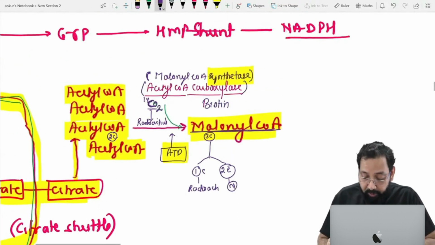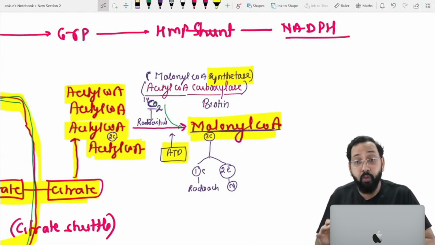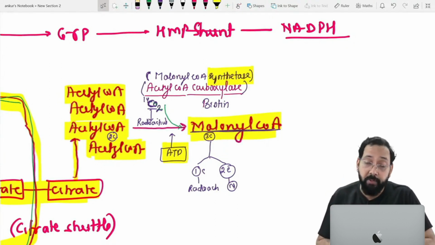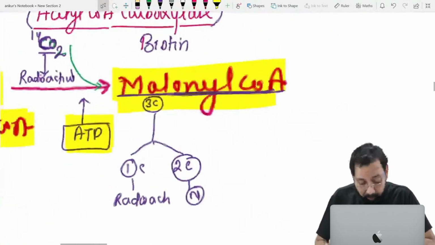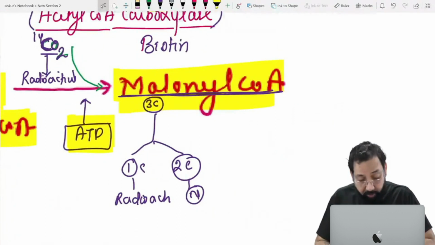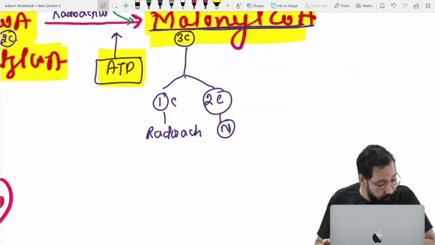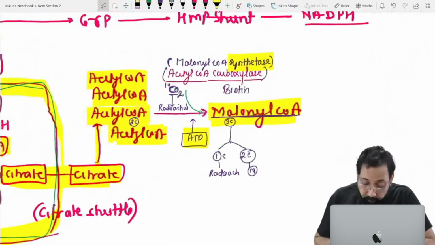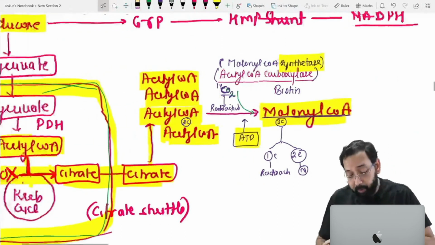So if fatty acid synthesis is going on in an environment where carbon dioxide is radiolabeled, then out of the 3 carbons of malonyl coenzyme A, 1 carbon would be radioactive. Yes or no? Yes.